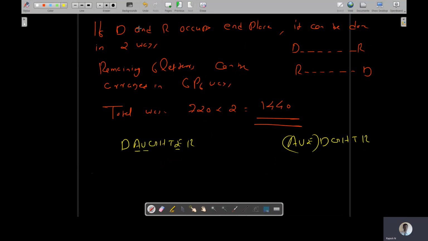This is another letter. So the 3 vowels A, U, E can be arranged in 3P3 ways.